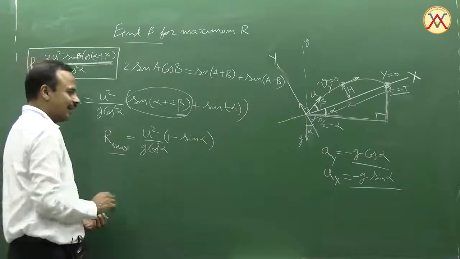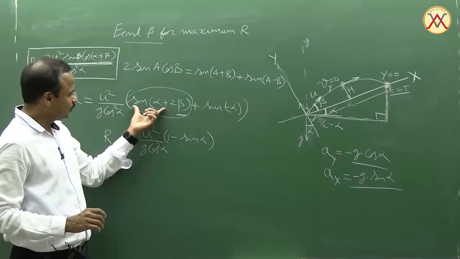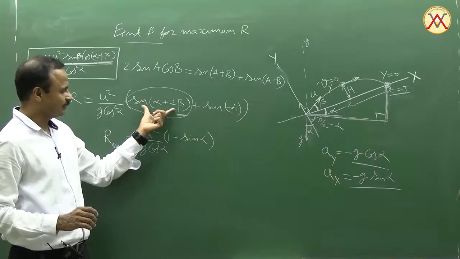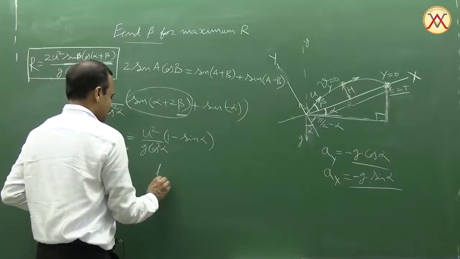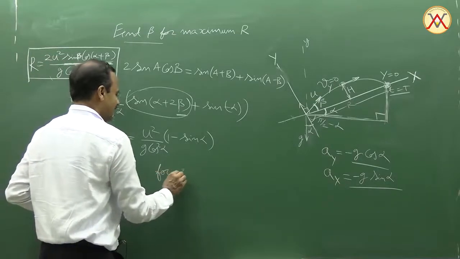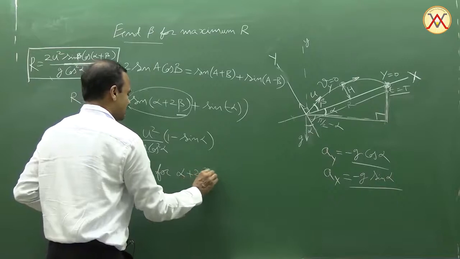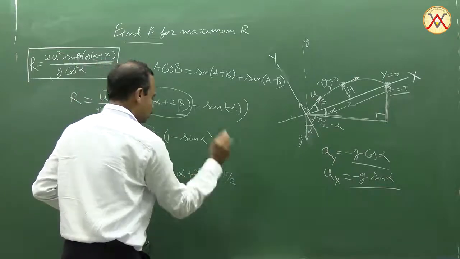And for what angle will this be maximum? I am putting this sine of alpha plus 2 beta as 1. That means alpha plus 2 beta equal to pi by 2.